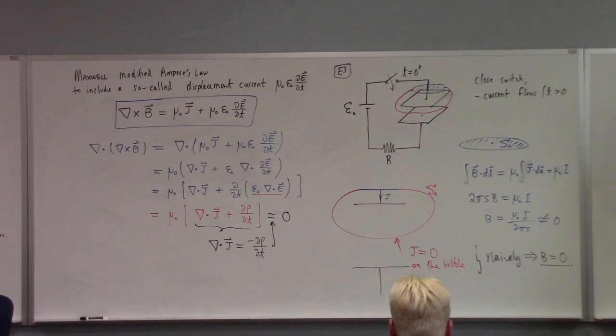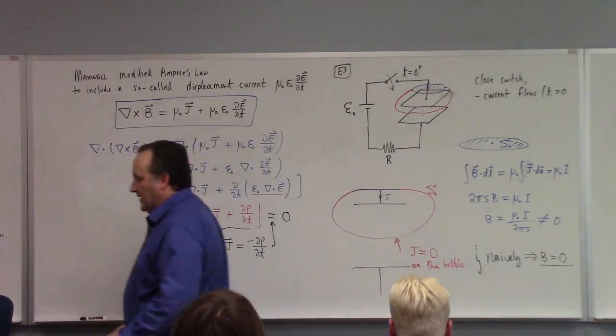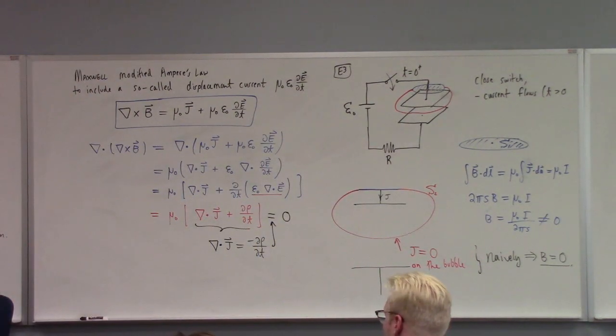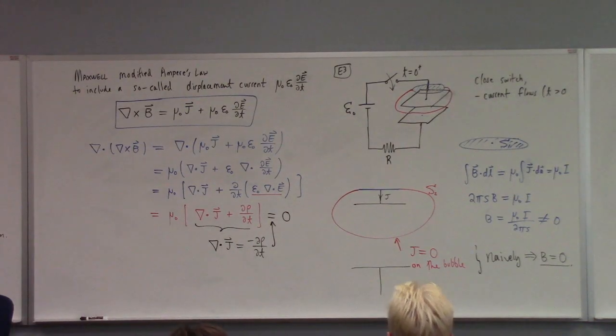Now, if Ampere's law with Maxwell's correction is logically correct, it should give us the same result for any possible bounding surface of the loop. Which seems like a tall order to fill, but that's just what it does.